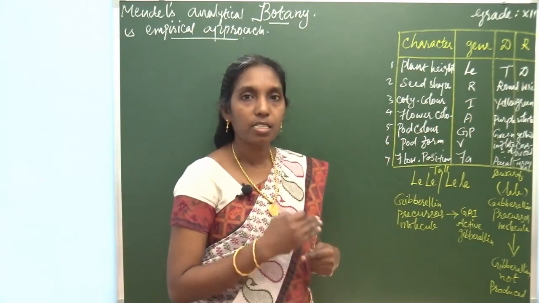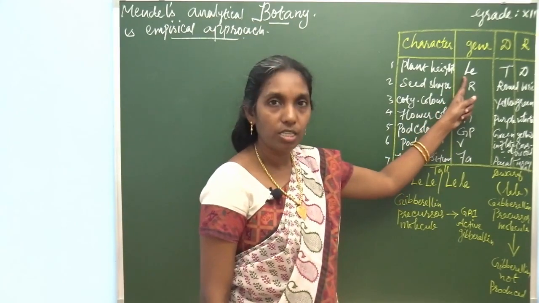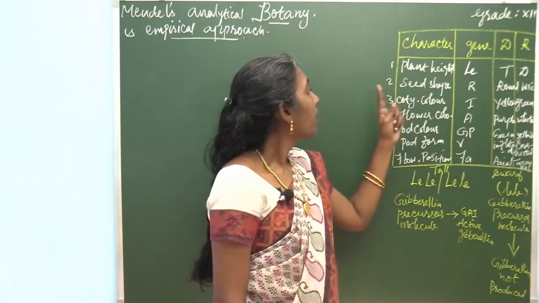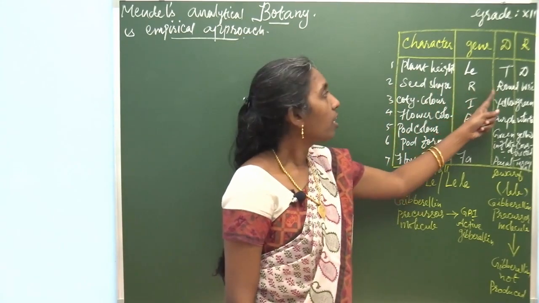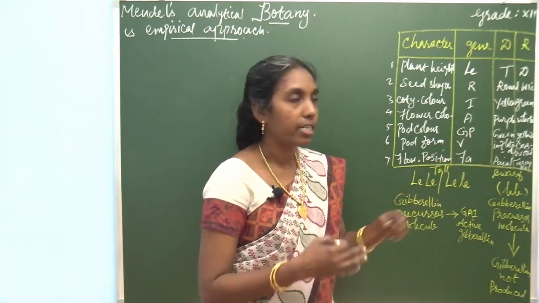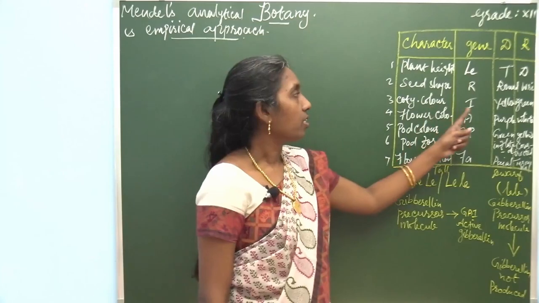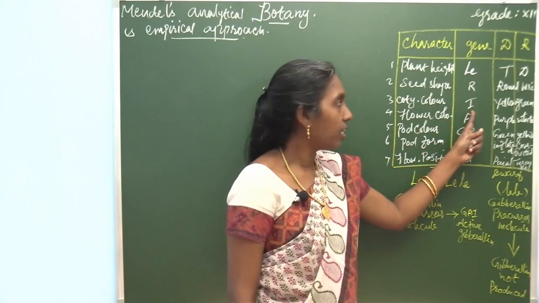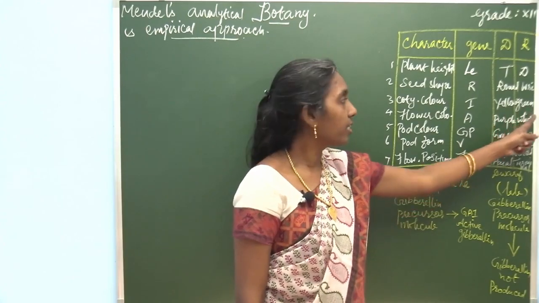The seed shape gene is noted as R, and the contrasting character is round and wrinkled. For cotyledon color, the gene is represented as I, and the contrasting trait is yellow and green.